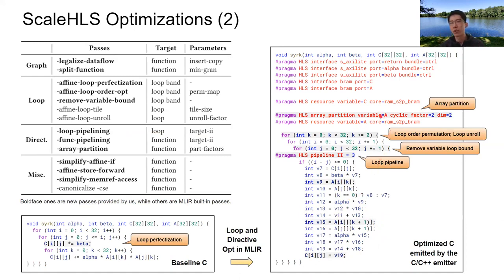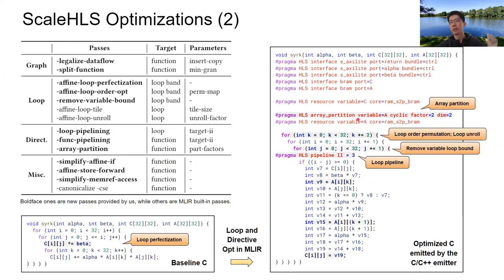So here, the array A needs to be partitioned with a factor of 2 to meet the parallelism requirement. And the array partition pass can identify this kind of memory access pattern and apply the suitable array partition strategy to the corresponding arrays.